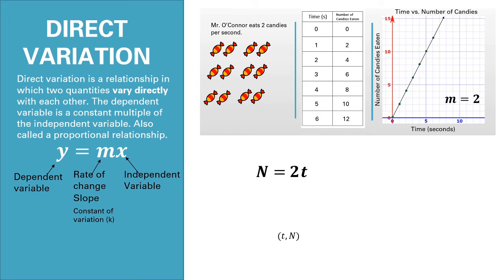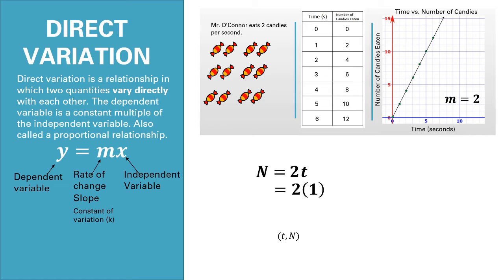Let's try that again. And I'm keeping down here at the bottom how the coordinates work. So you can see each time we get an answer, we are getting an answer that is in the form x, y, or in our case, because x in this case independent is time, and n is number of candies, y, it's going to be t, n. All right, so let's see how this works now.